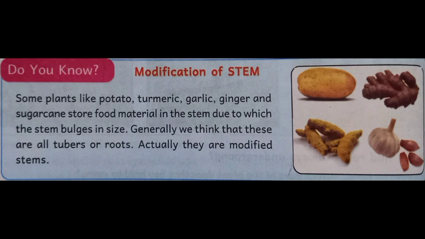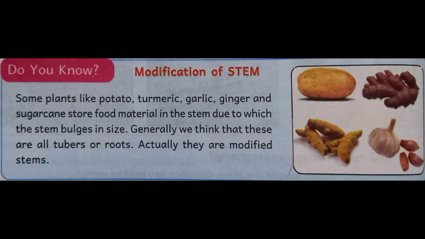Do you know modification of stem? Some plants like potato, turmeric, garlic, ginger and sugarcane store food material in the stem, due to which the stem bulges in size. Bulges is nothing but becoming bigger.